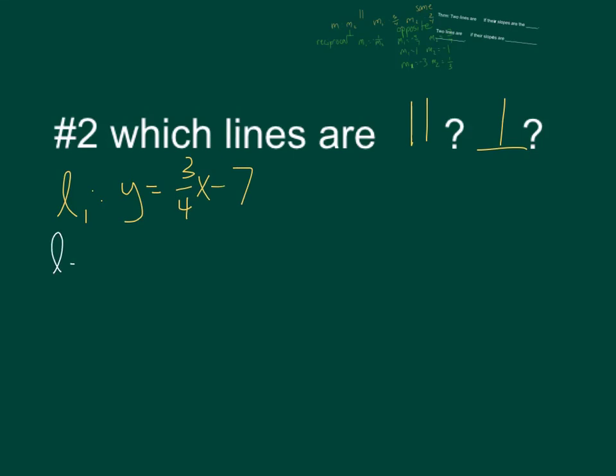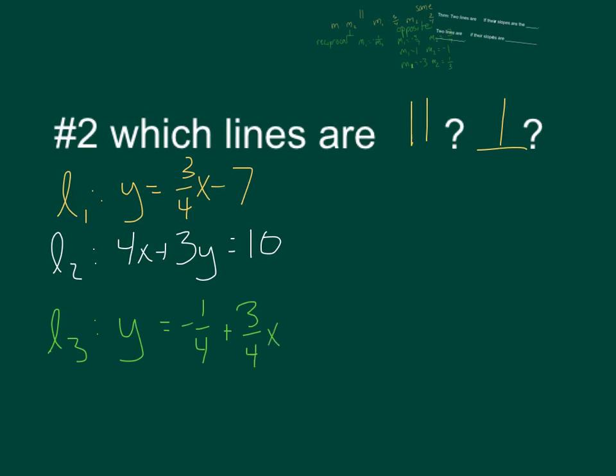L2 is 4x plus 3y equals 10. And L3 is y equals negative 1/4 plus 3/4 x. All right. Gorgeous. I want to know which ones are parallel, which ones are perpendicular.